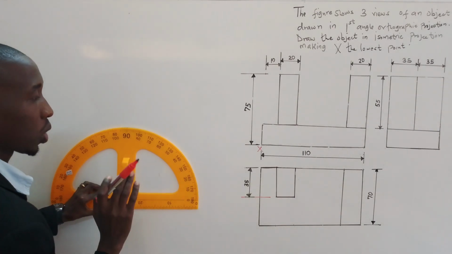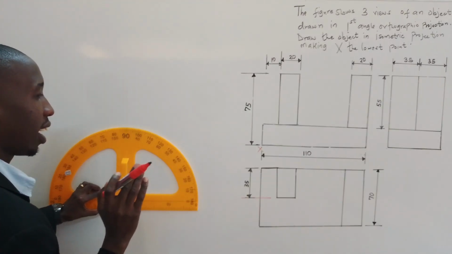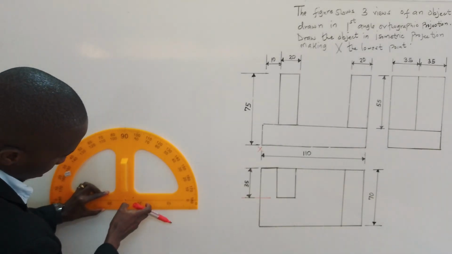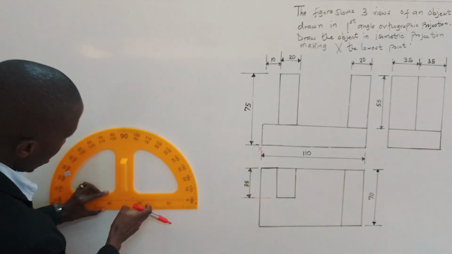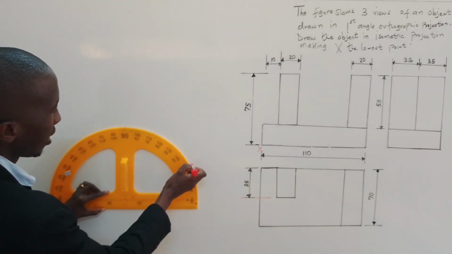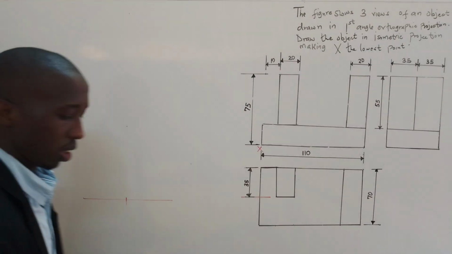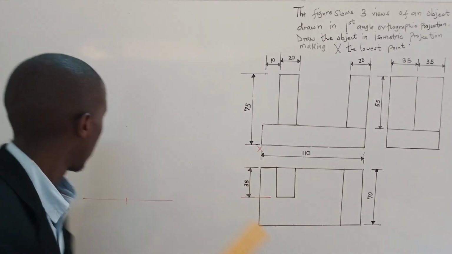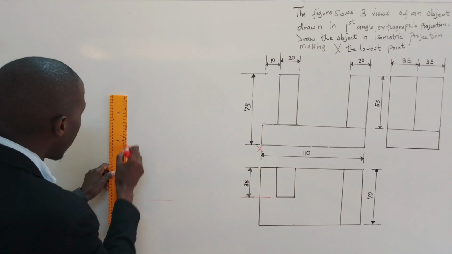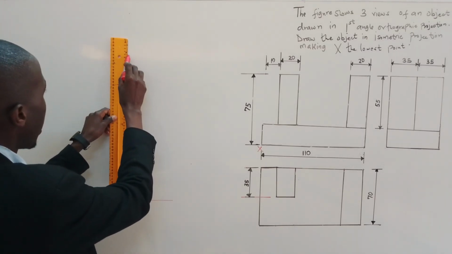We know isometric projection is a drawing which has been elevated at an angle of 30 on two sides. So we'll have 90, we'll have 30, and we'll have 30. So this is what will happen. I'll produce my construction lines to make the isometric axis.